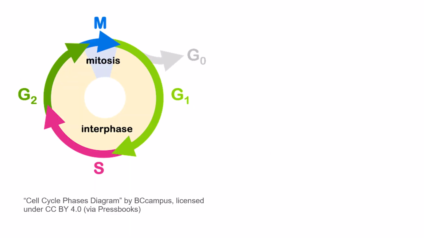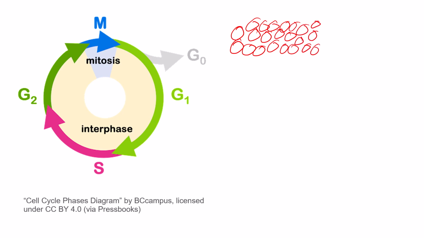Okay, now we are going to talk a bit more about cells. We are going to talk about the cell life cycle. So let's imagine that we are looking at human skin. Remember earlier, I drew a diagram of some cells, and we are going to pretend that all these cells are in your skin.